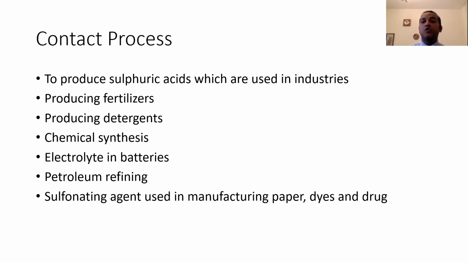Okay, so for our coordinated science, we will always discuss producing fertilizer, use in detergent, and as well the electrolyte in batteries. Of course, there are also many other usages which I'm not covering because I just want to cover what is inside our syllabus.